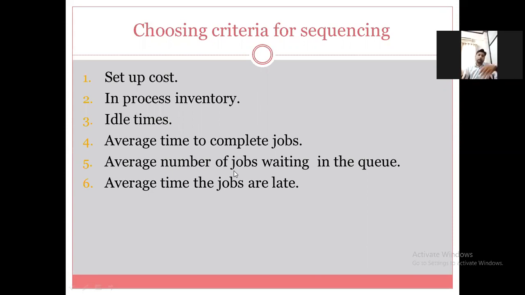Then after the setup, how much inventory is there, or how many products are in work in progress at that particular location. That is nothing but WIP, work in progress. We call it semi-finished products. It is not called a raw material and also not a finished good.